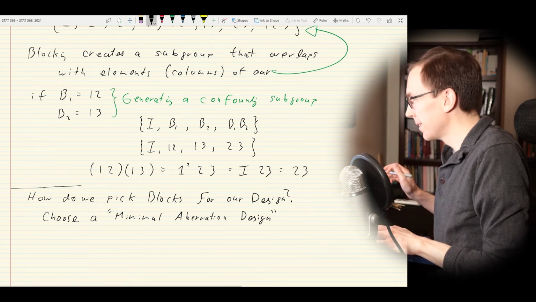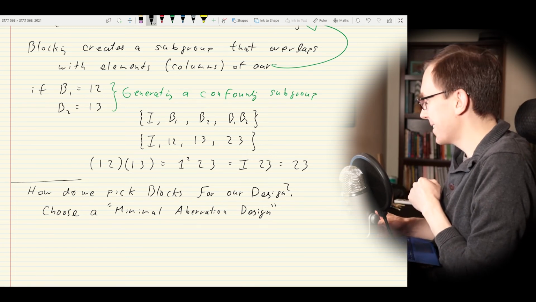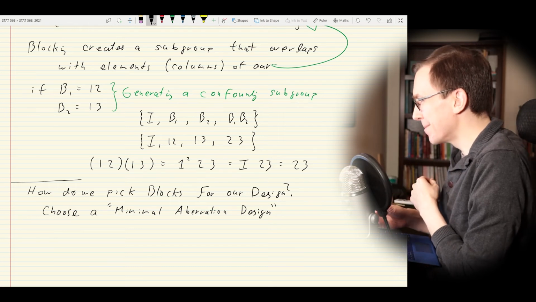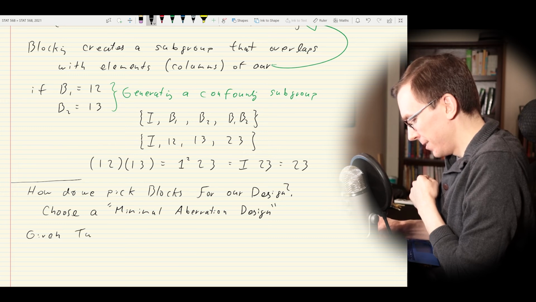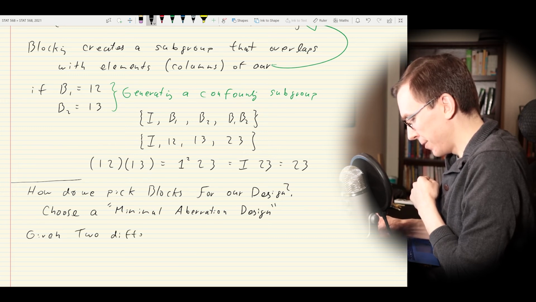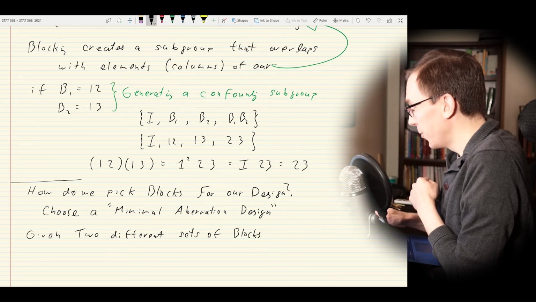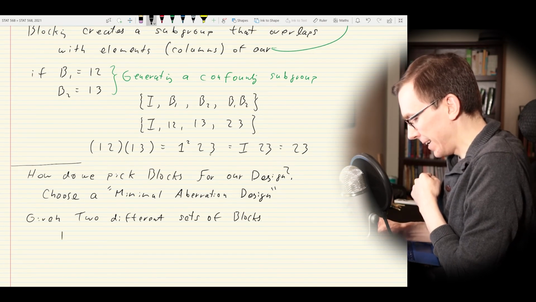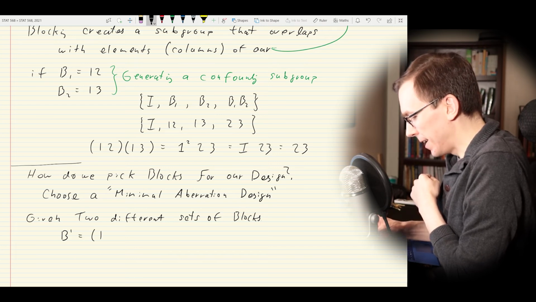Let's say, given 2 different sets of blocks, which we can define as B1, which is going to be a collection of M blocks, B11 to B1M.